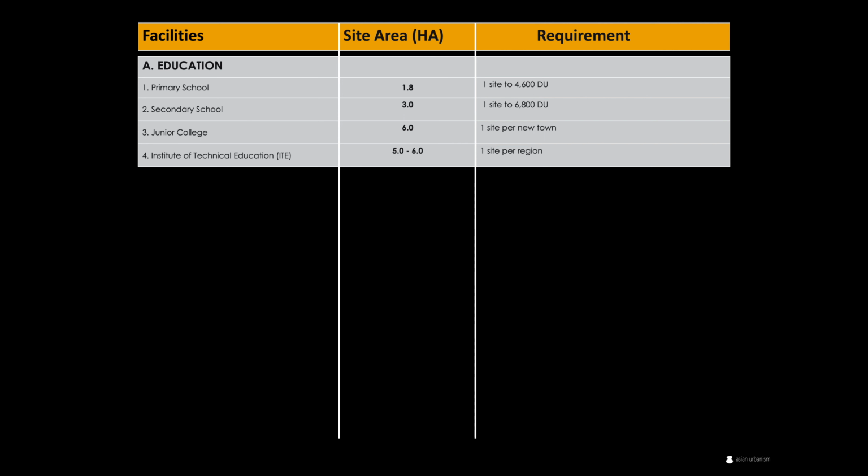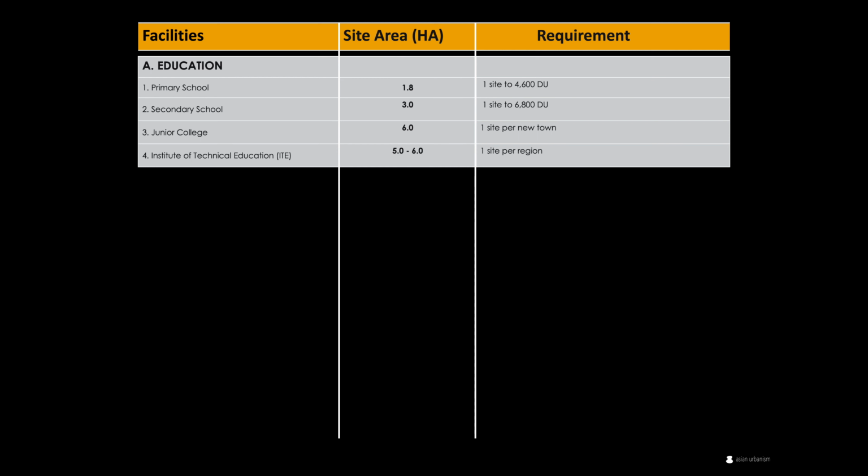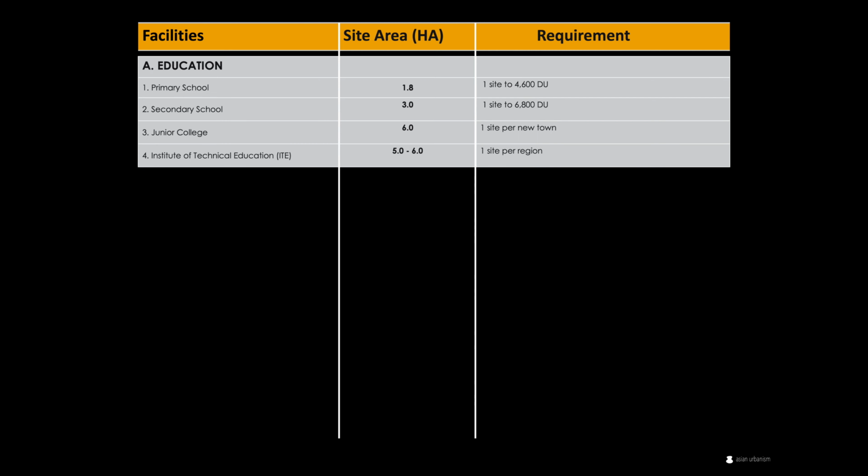For education, one primary school with a site area of 1.8 hectares is required to serve 4,600 dwelling units, while for the secondary school, a site area of 3 hectares is needed to serve 6,800 dwelling units.